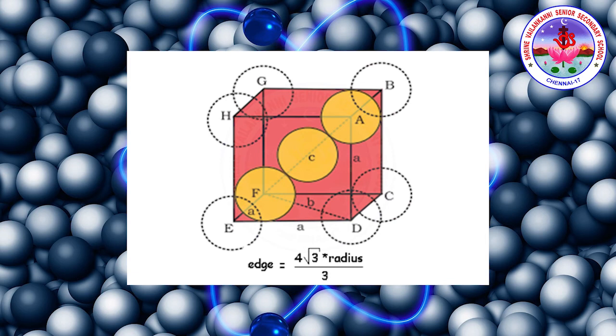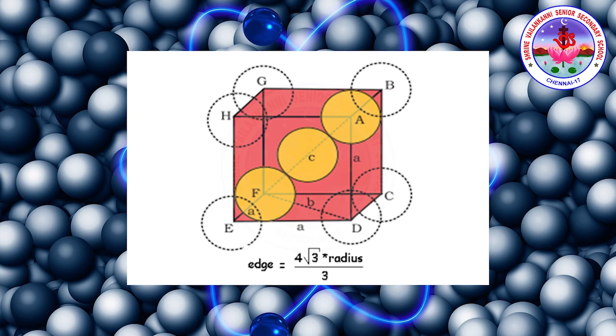Here r is the radius of the sphere, that is the atom. All the spheres along the diagonal touch each other. That's why root 3 A is equal to 4r. So A is equal to 4r divided by root 3, and r will become root 3 A by 4.